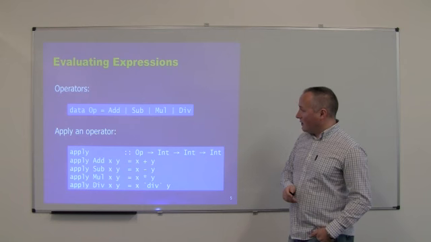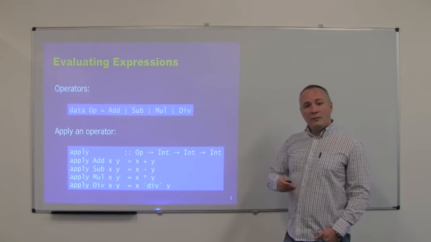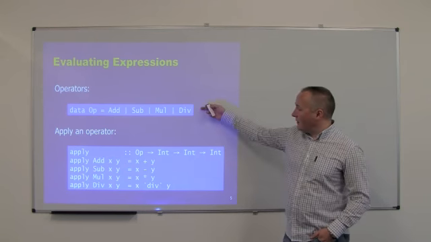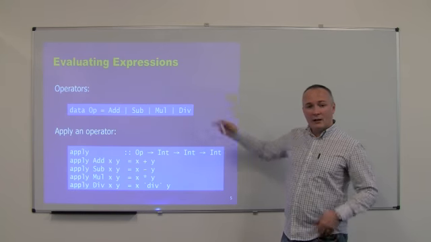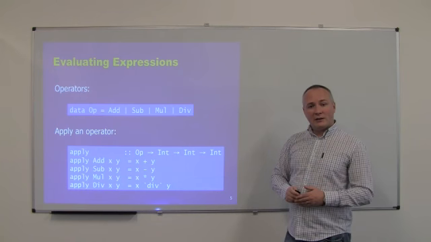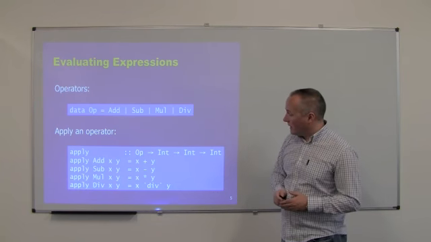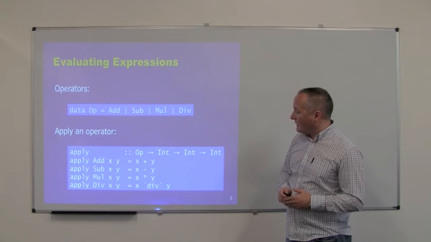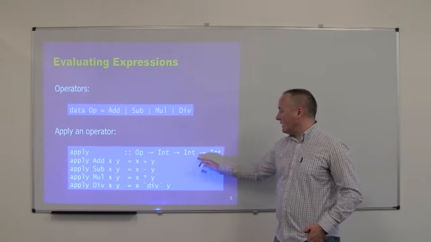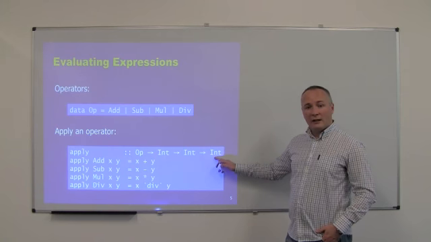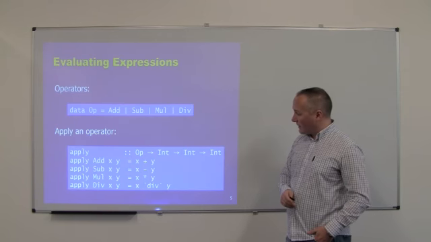Next, we'll define a little function, which is going to give the meaning to the values of this data type. It's going to tell us how to interpret an operator applied to 2 positive natural numbers. So here we're defining a little function called apply, and it takes an operator and then 2 numbers, and then we'll just do the appropriate thing. And of course, this is just a simple little pattern matching definition.